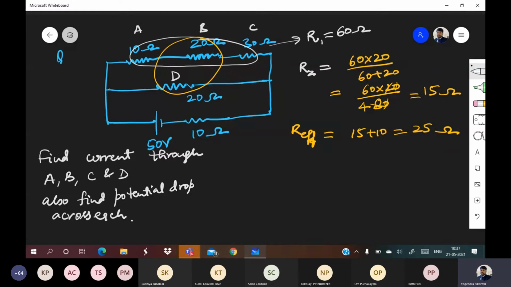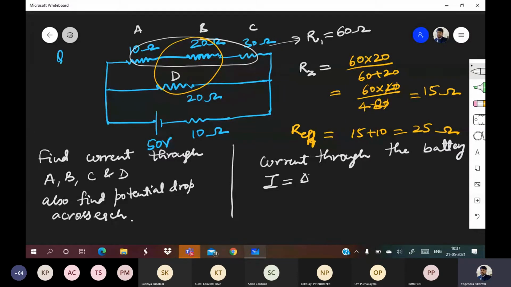Alright. Now, when we have this 25 ohm, let us talk about how much will be the current through the battery. So I is equal to delta V upon R effective.